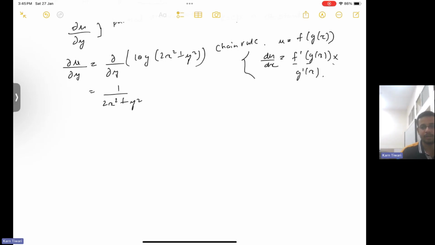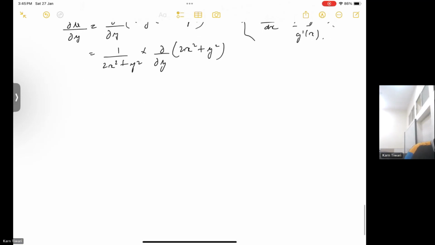That's what the chain rule tells us. Then we need to calculate ∂/∂y of (2x² + y²).